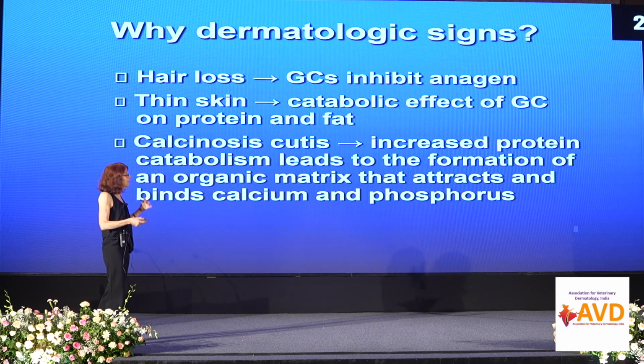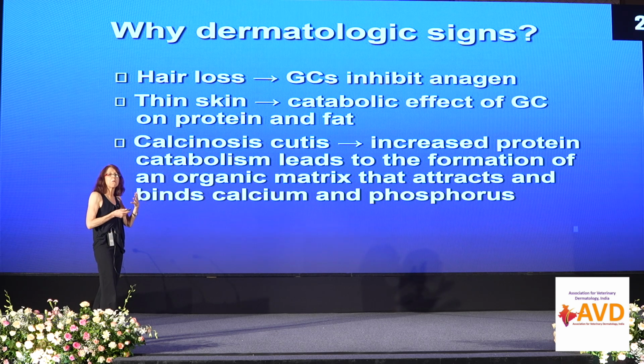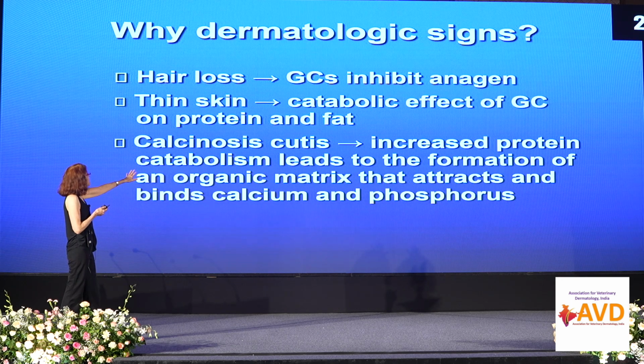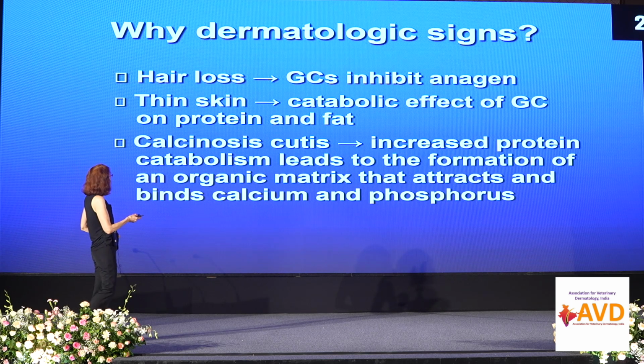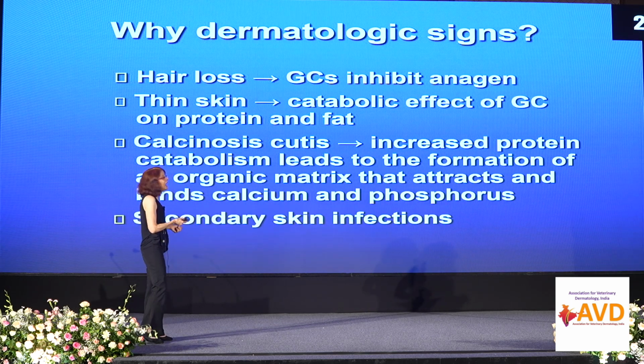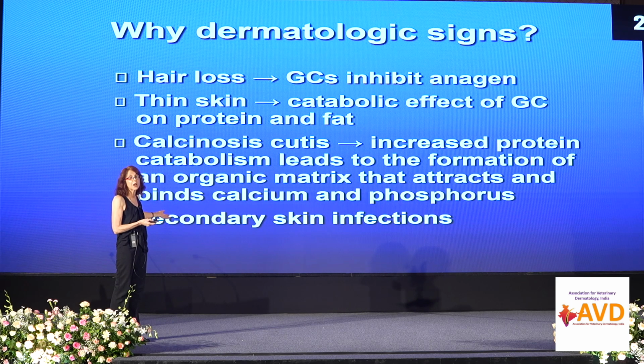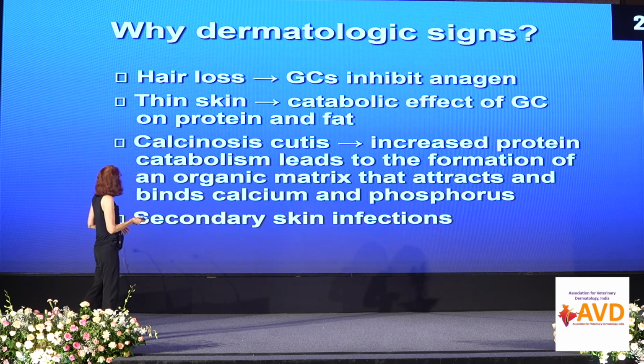We don't understand much how this develops, but one hypothesis is that increased protein catabolism leads to the formation of an organic matrix that attracts calcium and phosphorus, forming then that calcinosis cutis, or skin calcification. And these animals are prone to develop secondary infection. You can imagine these changes of skin, you change the barrier in various ways.